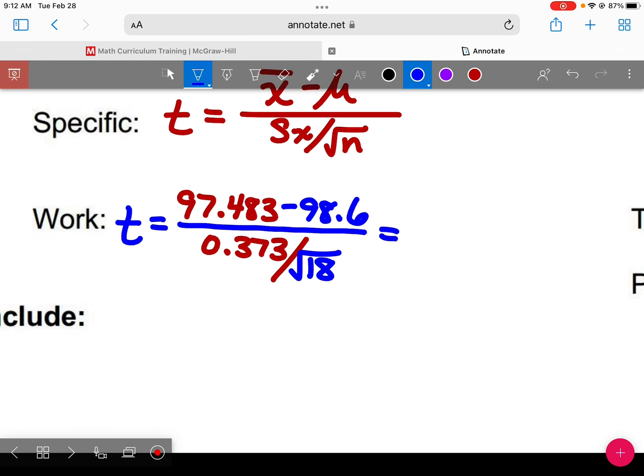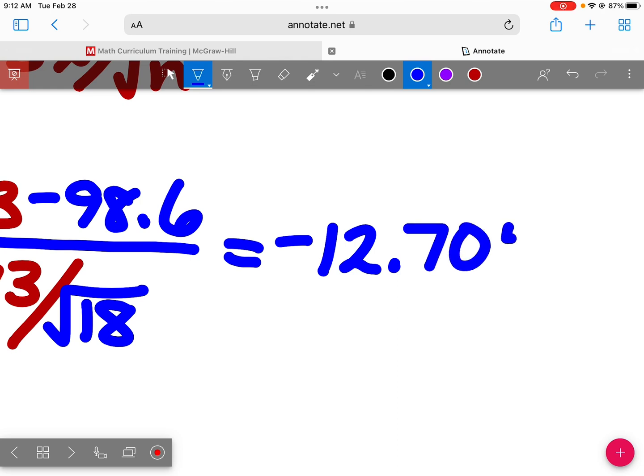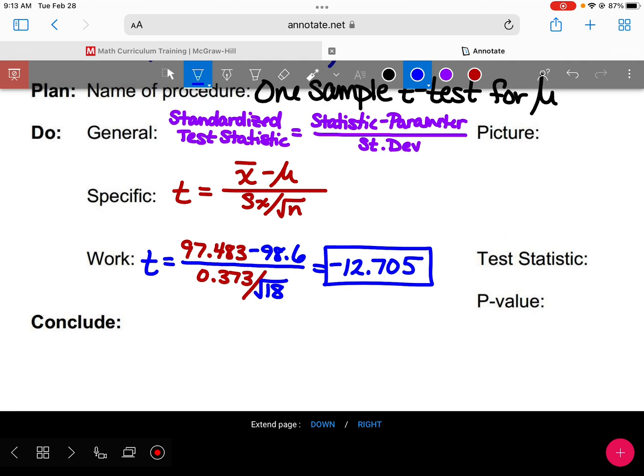What do you guys get? So here's our test statistic.